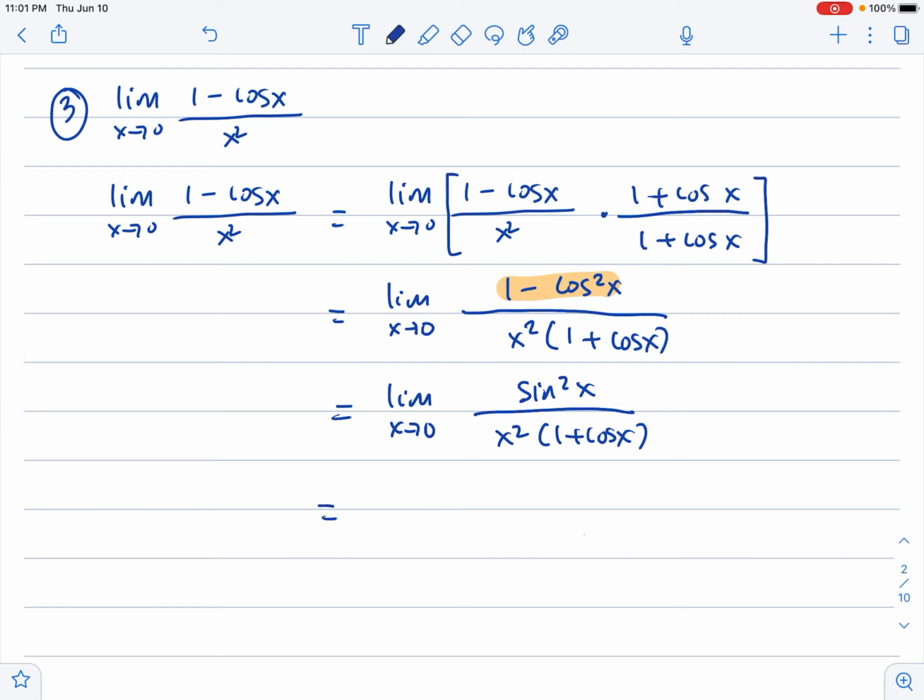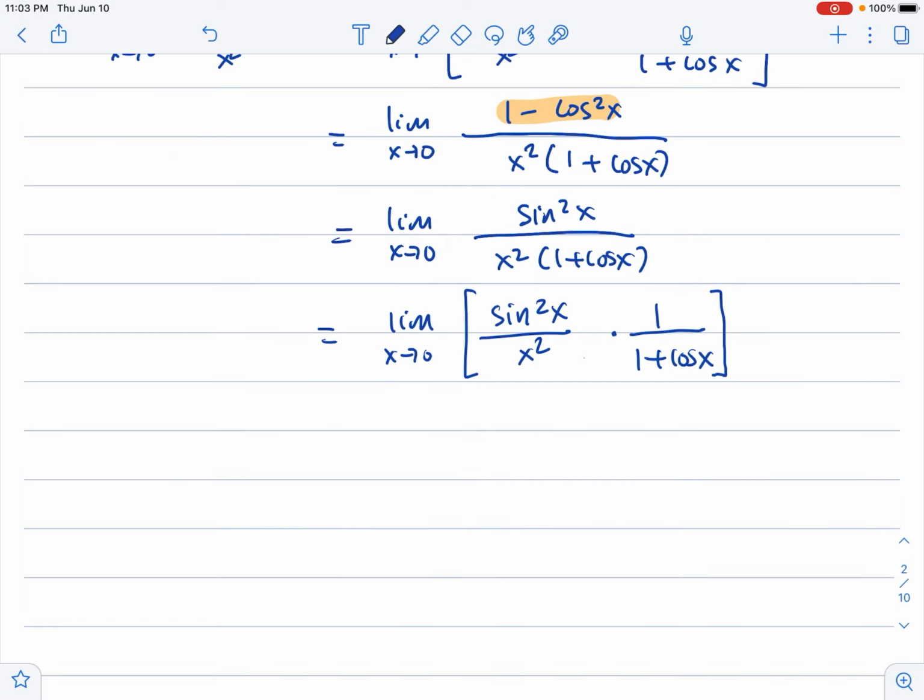So this is equal to the limit as x approaches 0 of sine squared x divided by x squared times 1 divided by 1 plus cosine x. So pag minultiply natin itong dalawang expressions na yan, product niyan ito rin. So equal lang yung dalawang yan, no? So this is equal to the limit as x approaches 0. Now this is a limit of a product, meaning pwede ko silang paghiwalayan, no?